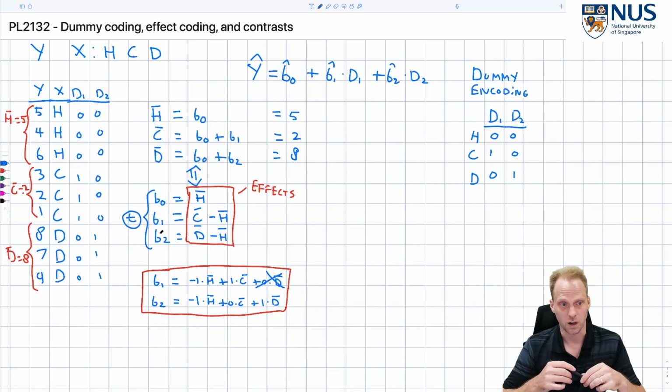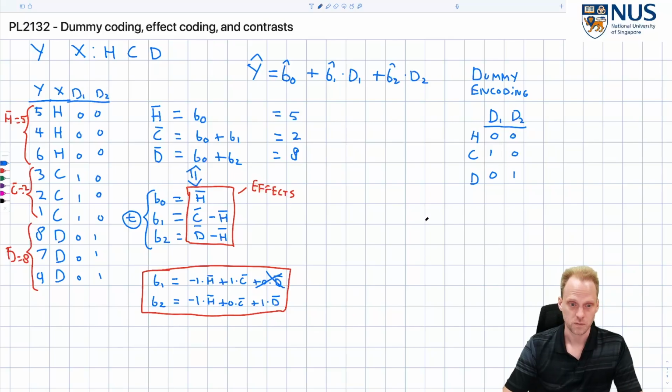Now the thing is, it's quite hard to see from these zeros and ones what the effect is. We have to derive that in this case. And you probably are interested in these effects, and not necessarily in these dummy variables. The nice thing is that we don't actually need to specify the dummy variables. What we could do is something called effect coding or encoding.